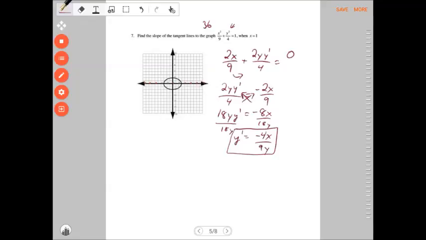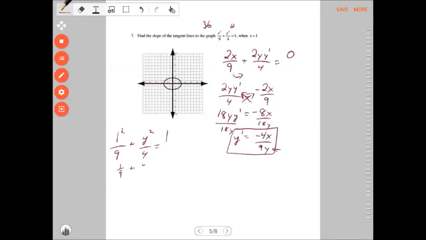Now the slope when x equals 1. Remember, this slope has a y in it, so having x equals 1 isn't good enough anymore. We need to find the points. When x is 1, we get 1 squared over 9 plus y squared over 4 equals 1. 1 squared over 9 is just 1/9.